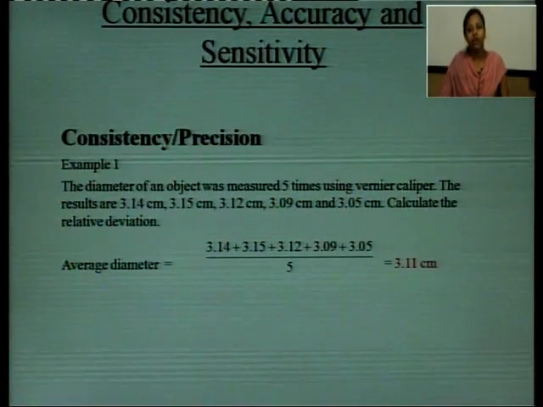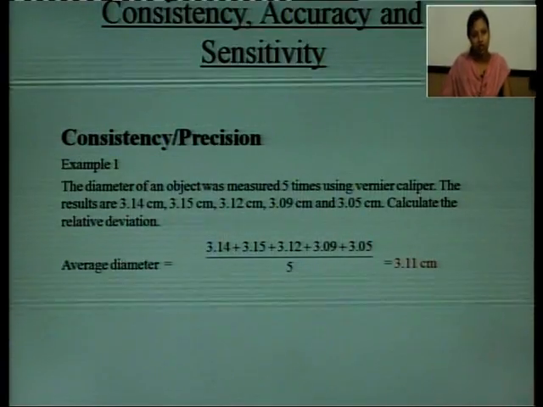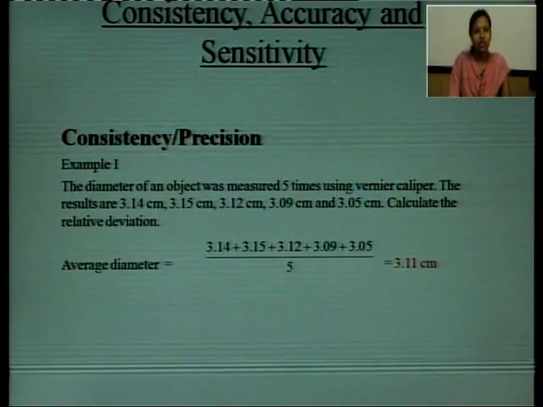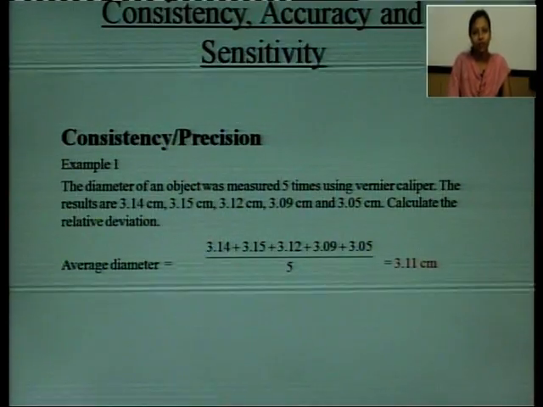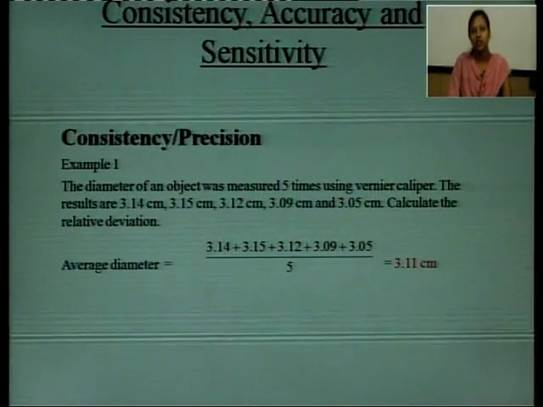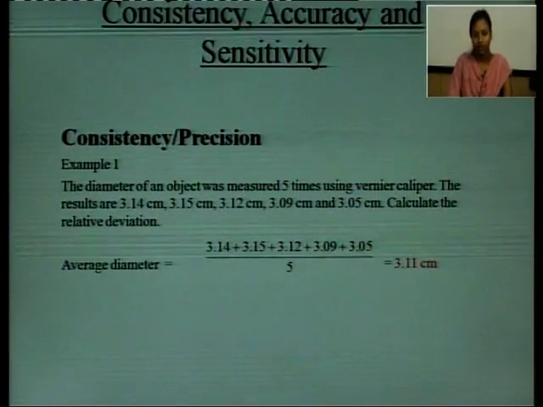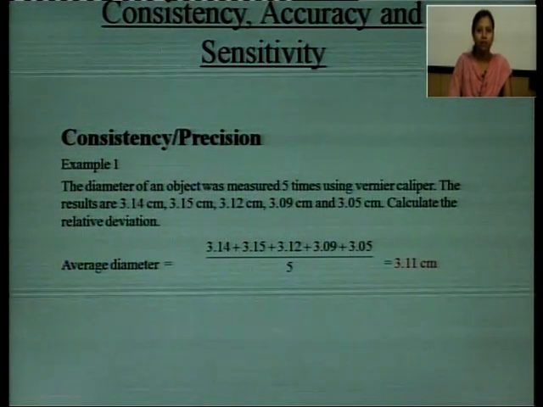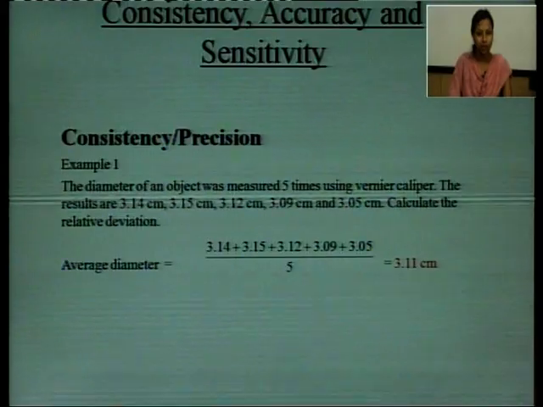We need to calculate the relative deviation. The first thing is to find the average diameter, which is the sum of all these measurements divided by 5. It will give us 3.11 centimeter. So the average diameter is 3.11 centimeter.